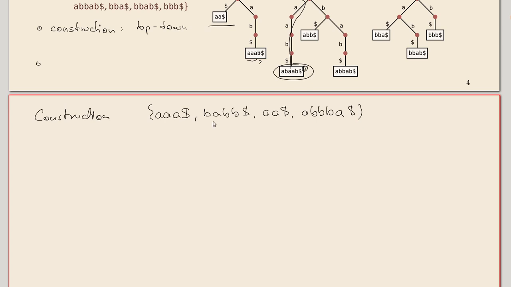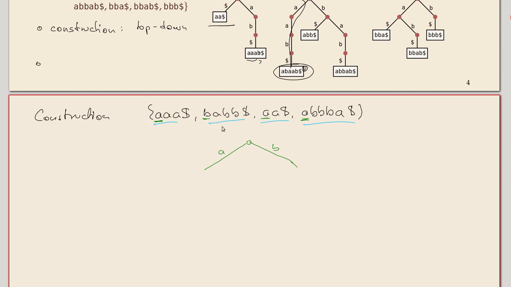Okay, step one is you look at the first characters. And there's only A and B. So I'll draw the root and two edges, A and B. Now, all those with an A go left. That's this, this, this, and this.